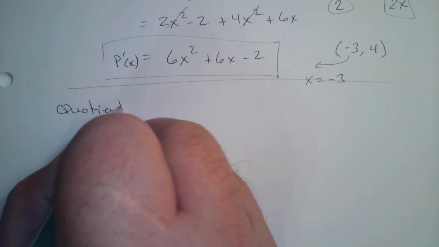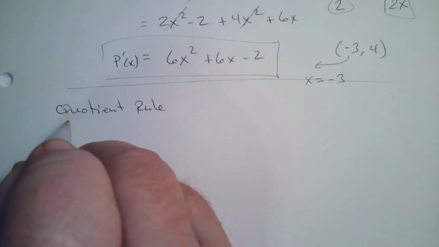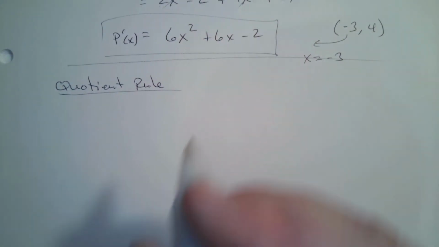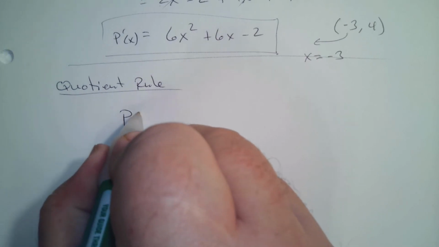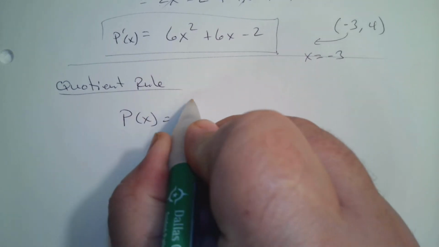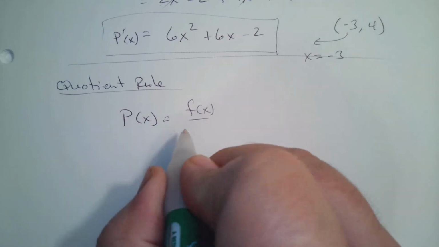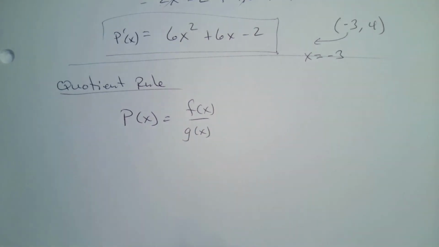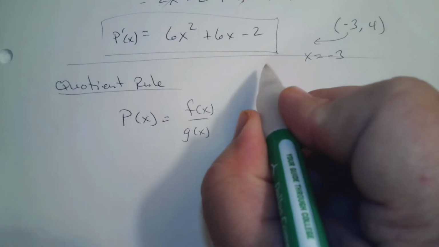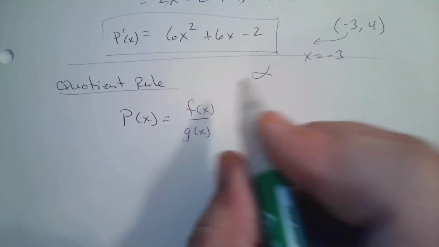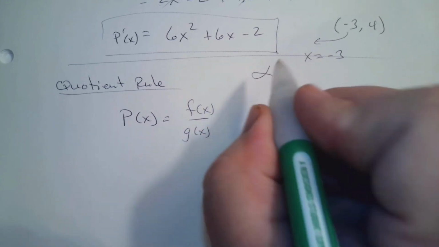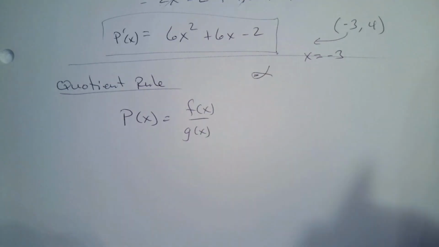The quotient rule. Quotient means fraction. So here's our polynomial here. Whatever's on top, we'll call it f. Whatever's on the bottom, we'll call it g. It's going to be the same thing. We're going to use the fishy, but since fraction makes things smaller, we're going to use a minus sign.